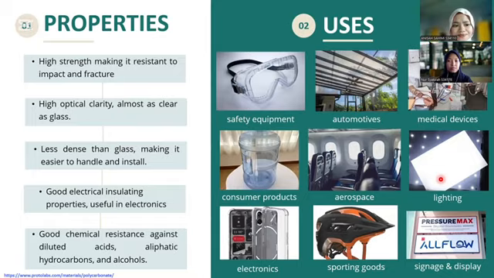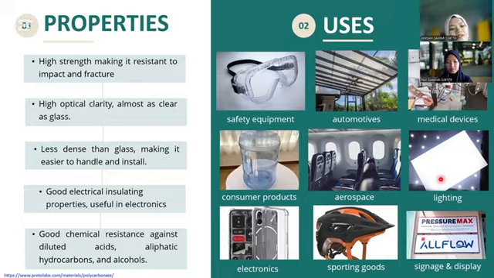And then the second one, polycarbonate has high optical clarity, almost as clear as glass. It is an extremely clear plastic that can transmit over 90% of light, as good as glass. And it is lighter than glass, making it easier to handle and install. So polycarbonate is lightweight.